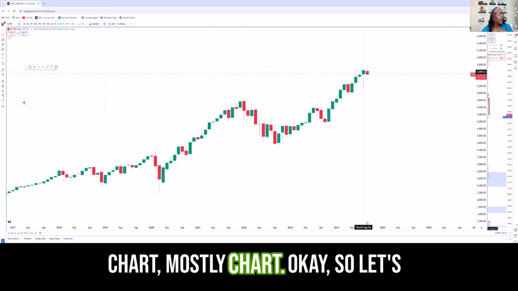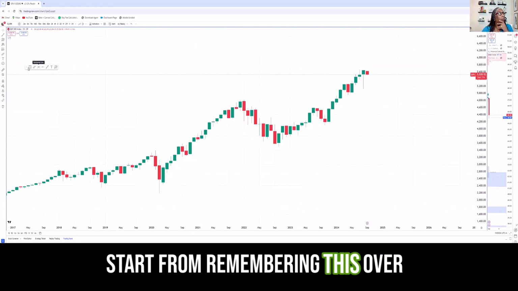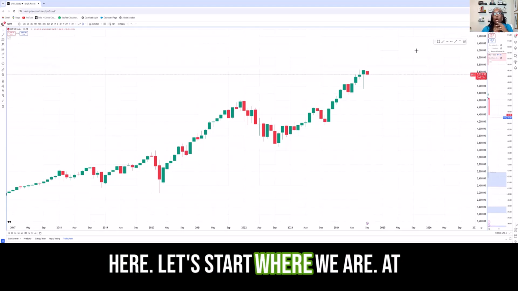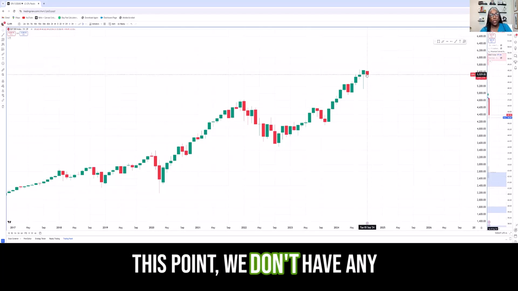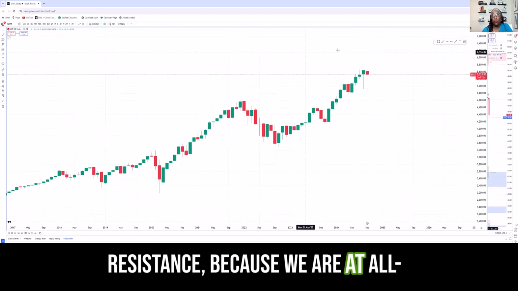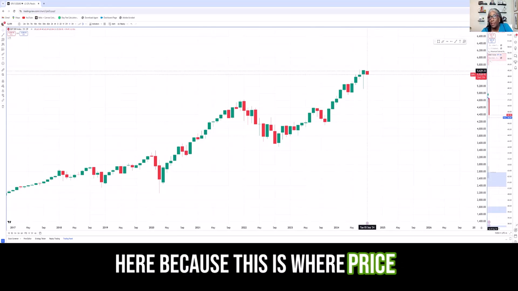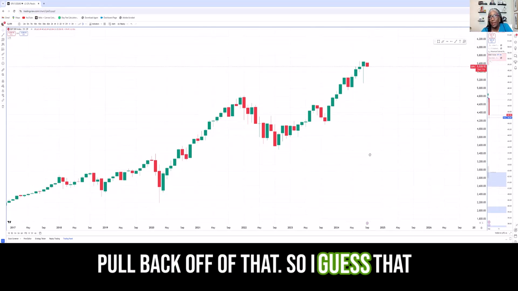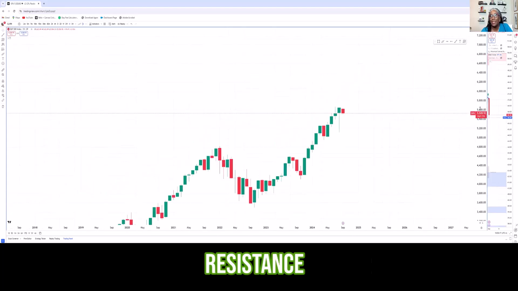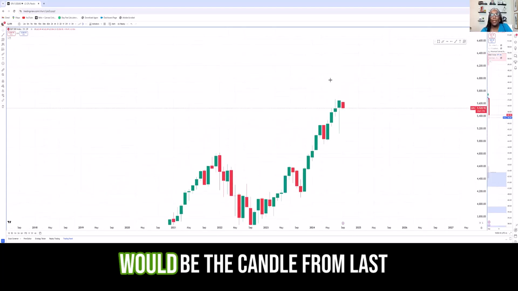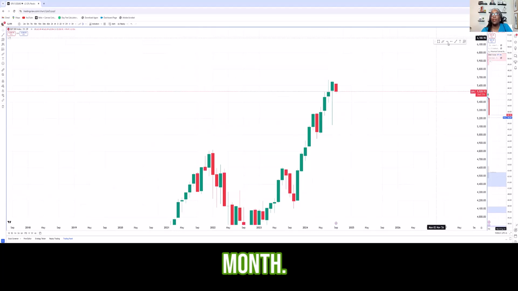Monthly chart. Okay, let's start from where we are. At this point, we don't have any resistance because we are at all-time highs. We do have this little one here because this is where price pulled back off of that. So I guess our closest resistance would be the candle from last month.